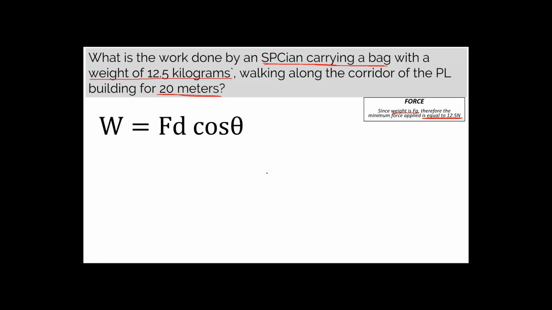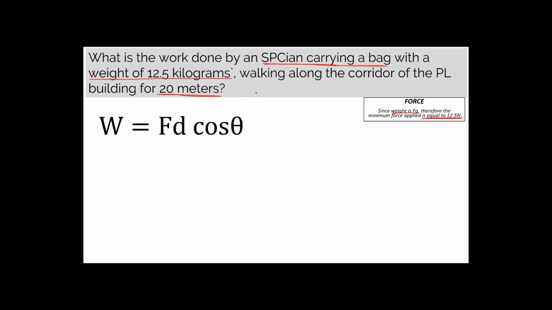Okay. So how about the cosine theta? So cosine theta, as I have mentioned kanina, it is the medium used to the object or the surface where the object is residing.